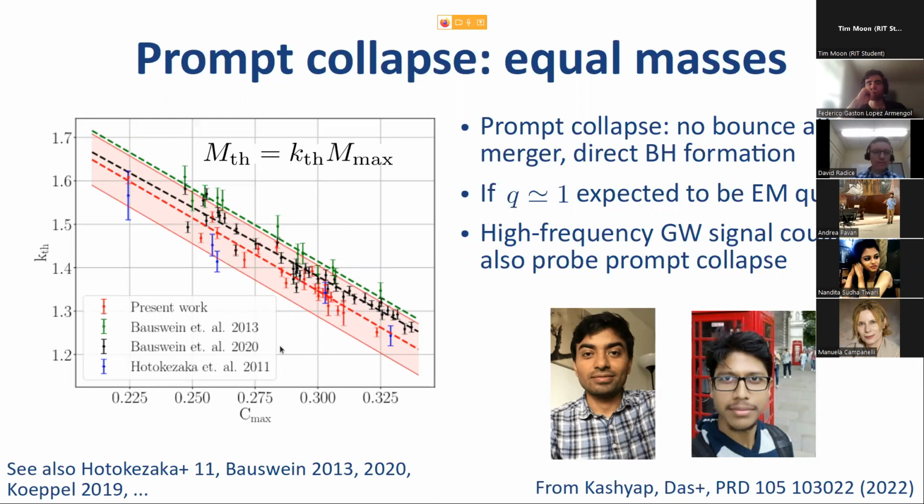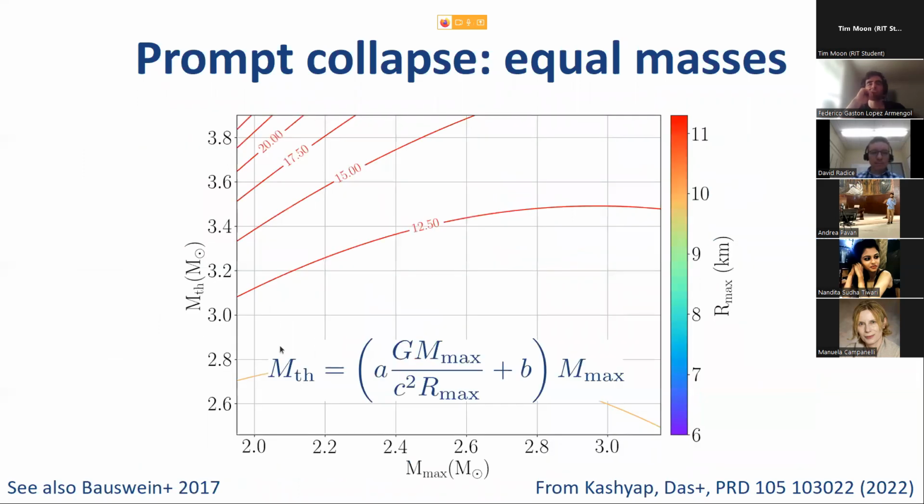So what can we learn from this relation? Here I'm going to follow an idea that was proposed originally by Bauswein and collaborators, and that we have revisited with improved numerical relativity data and adding some additional constraints coming from a large study of phenomenological equations of state we have performed.